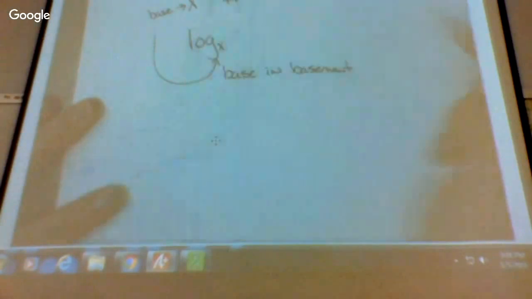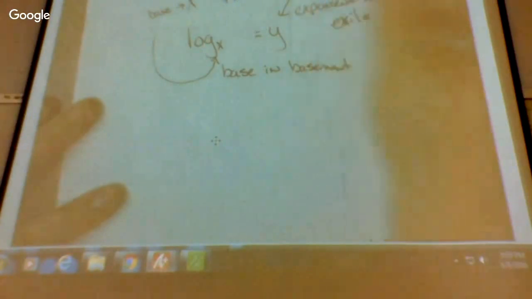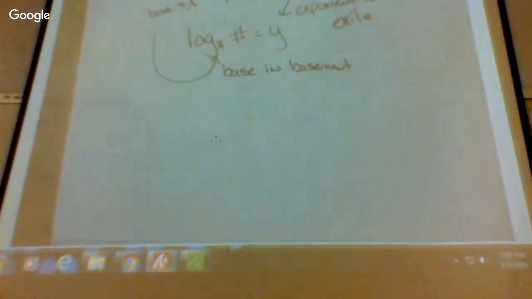The exponent is in exile, so it's out here. And don't forget, exile means by itself. And then the number just fills in the other thing. Okay?